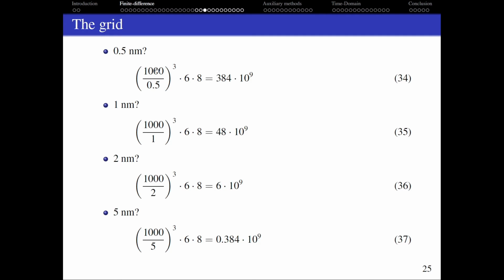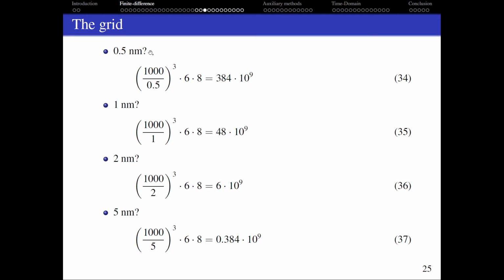That means that we are going to divide our 1000 nanometer by 0.5, and we take the cube of this because we have 3 dimensions. But we have also 6 field components, and each one of them takes 8 bytes, so we actually get at the end 384 gigabytes.